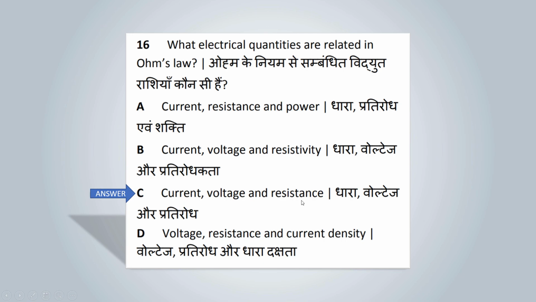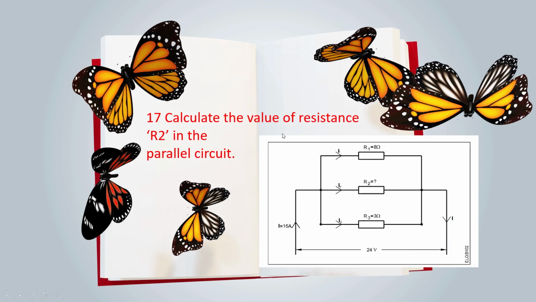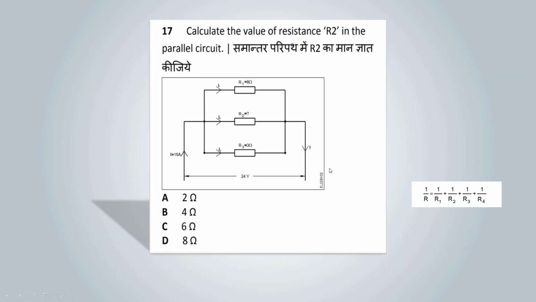Calculate the value of resistance R2 in the parallel circuit. So if the resistors are connected in parallel, how do we calculate the R2 resistance? Okay, I is given. With the help of this formula, we can solve this question. This is the parallel circuit, and this is the total resistance.